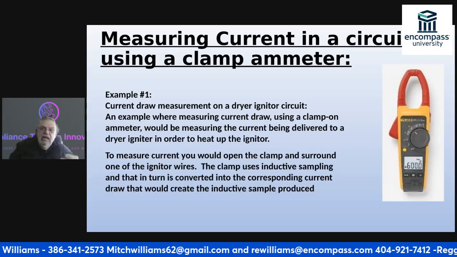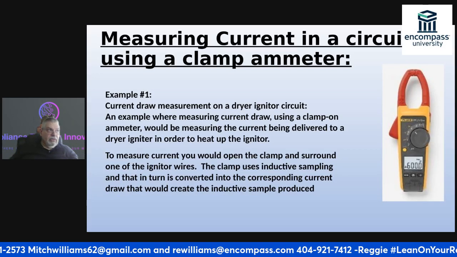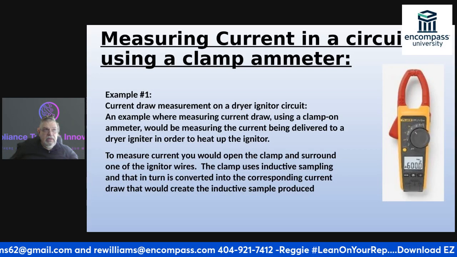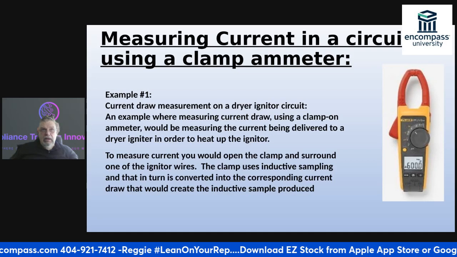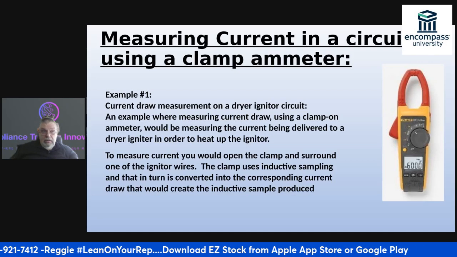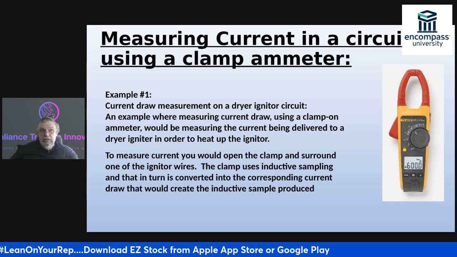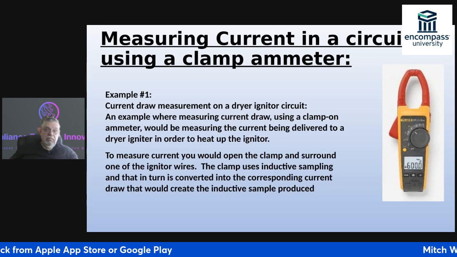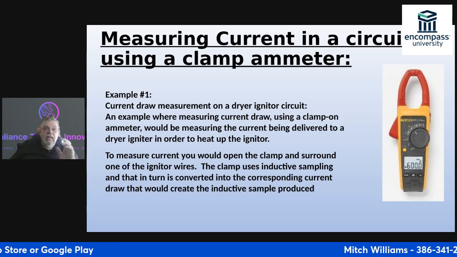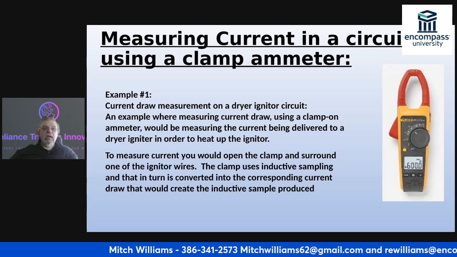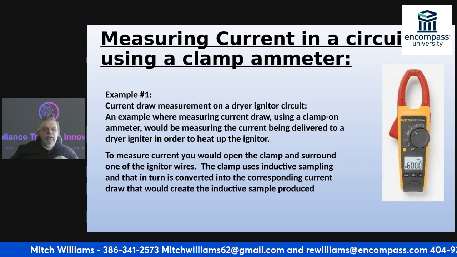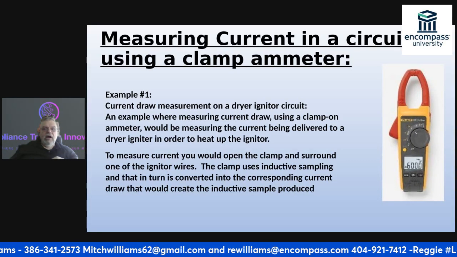Okay. If I need to measure an igniter in either a range or a dryer, I can use my clamp-on amp meter. Okay, that will actually tell me how many amps I'm pulling. So I have to set it to the amp circuit. Okay, a current draw measurement on a dryer igniter circuit.